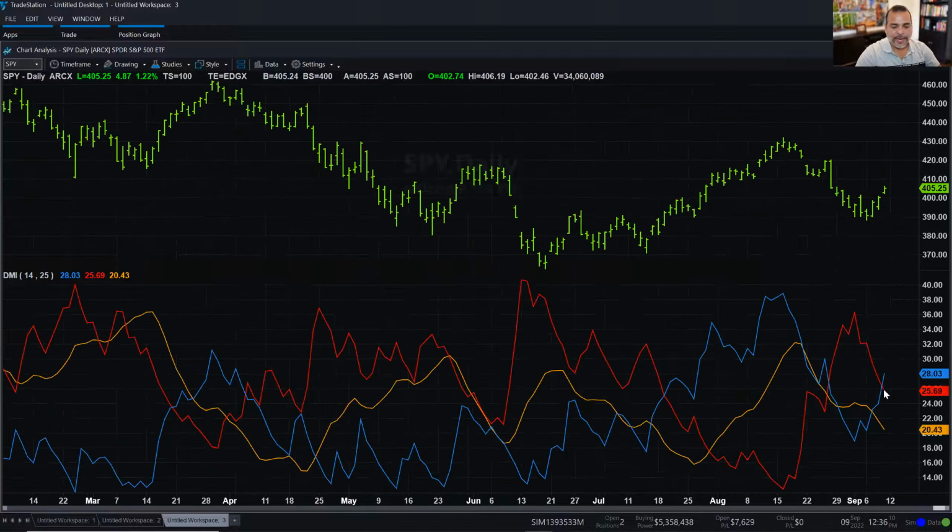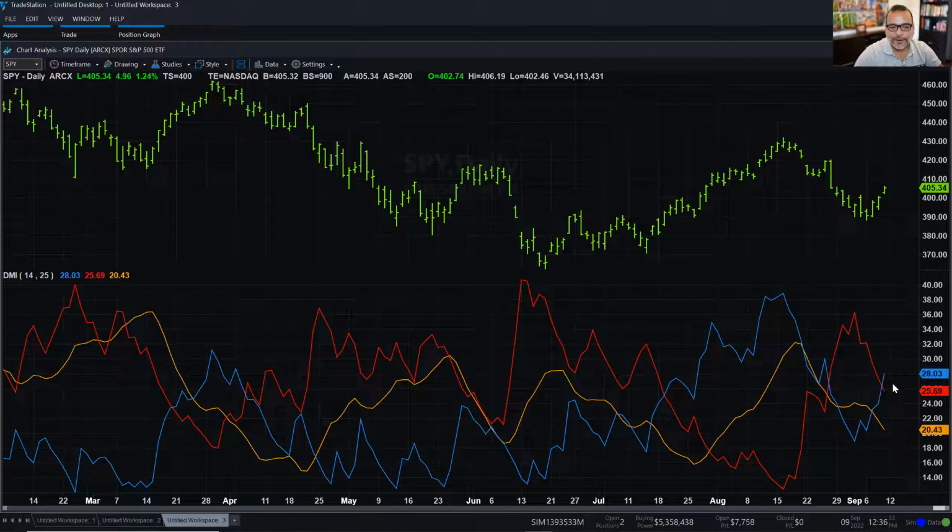What's happening right now? Well, I see, first of all, the ADX line. The ADX line is the yellow, or orange, line in here. The blue and the red are my DMI minus and my DMI plus, the DMI minus being the red one and the DMI plus being the blue one.